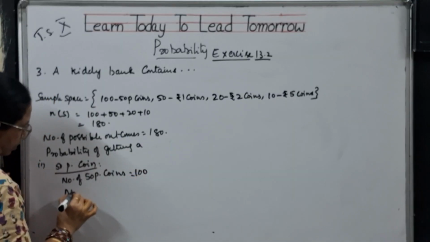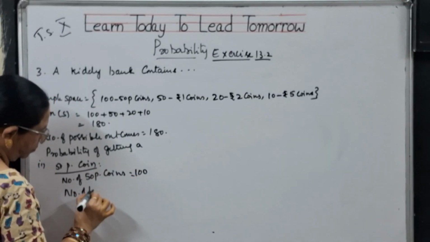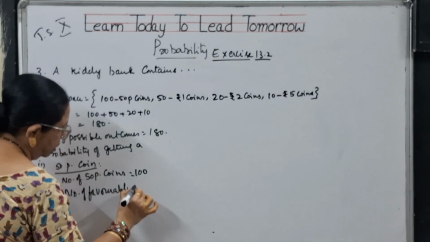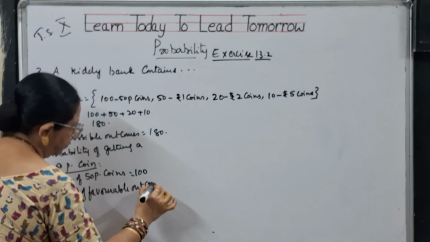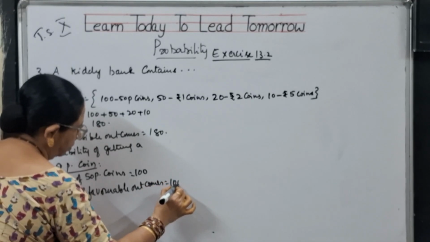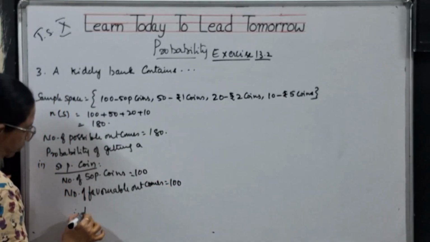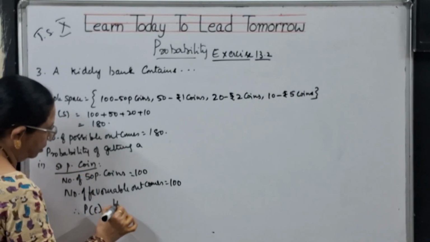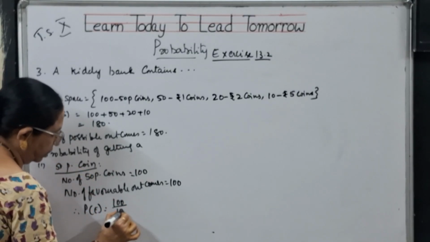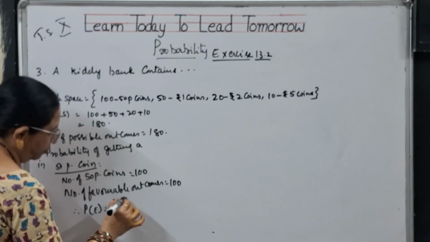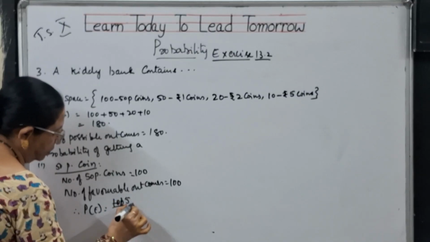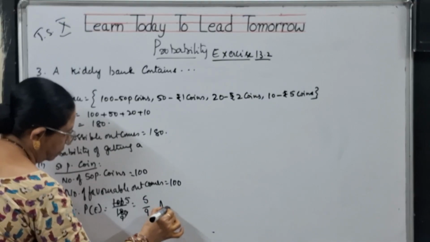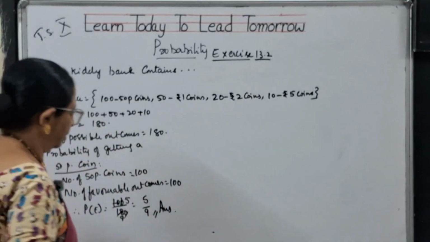So number of favorable outcomes is equal to 100. Therefore, what is P of E? That is getting 50 paisa coin, 100 by 180. 2 5s are 10, 2 9s are 18, 5 by 9 is the answer for the first bit, children.